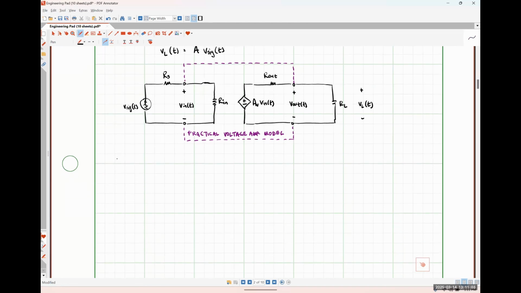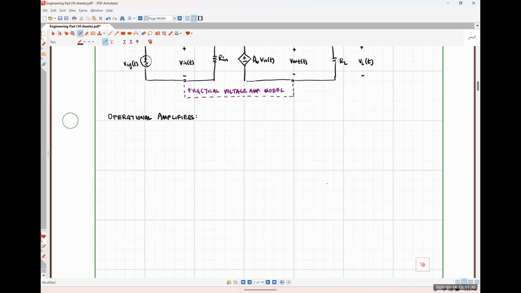So let's talk here, let's call this operational amplifiers. And our practical model for our op amp is going to look something like this. So here's our input resistance, okay?